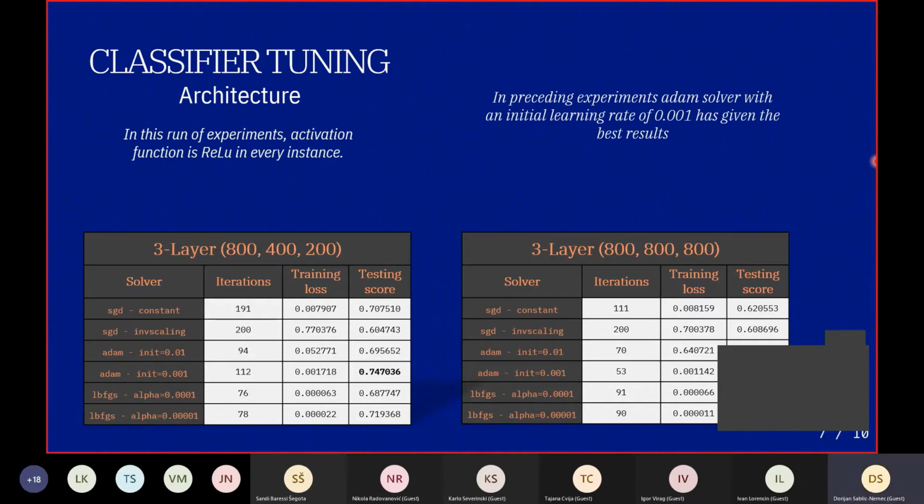Solvers performed differently in each architecture, but the differences between architectures were ever so slight if the optimal solver was chosen for each architecture. So based on the overall highest average score, Adam's solver with initial learning rate of 0.001 was used in further experiments.